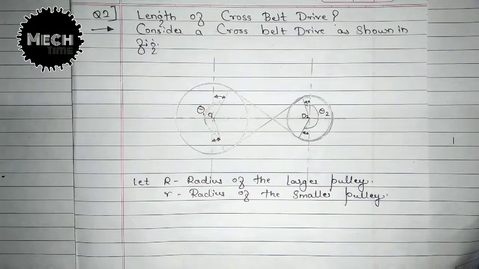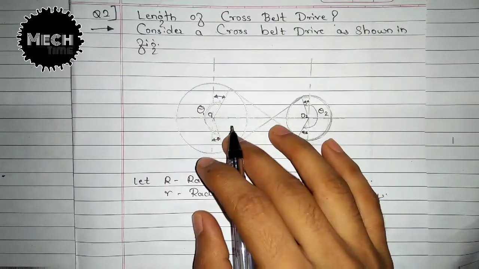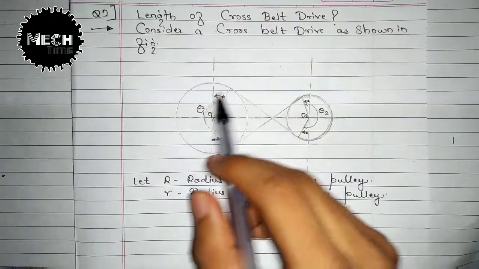As we know, cross belts are used to rotate the pulleys in opposite directions. In this derivation, we are going to find the length of this belt.